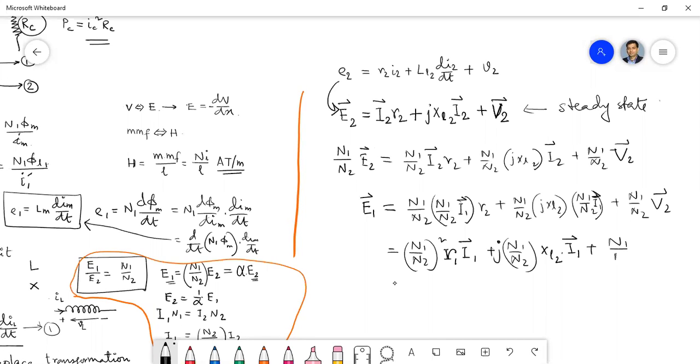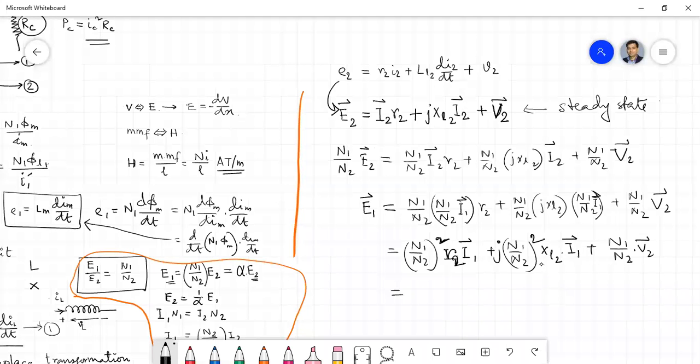And here only N1 by N2, not whole square, into V2. Sir, this will be R2, right? Yes, it will be R2 only. The second term also will be whole square.